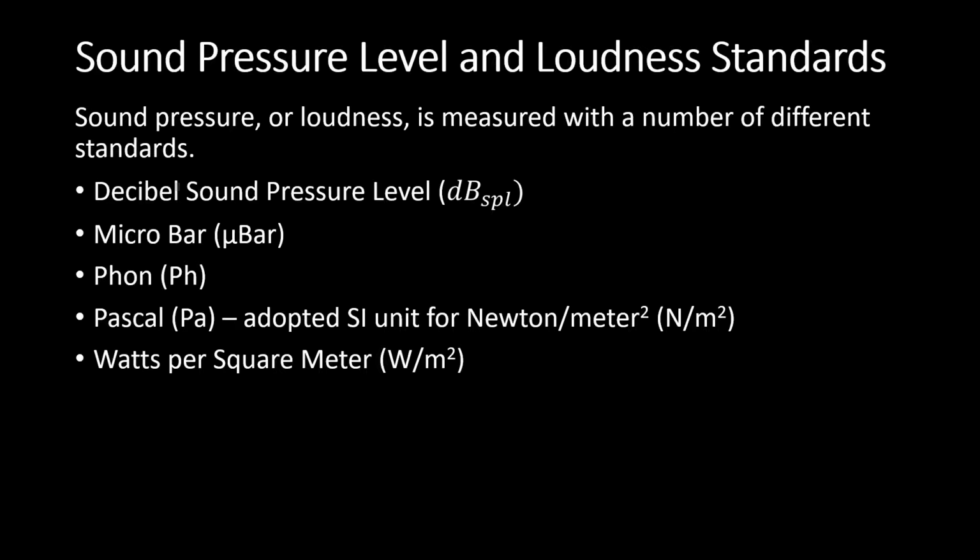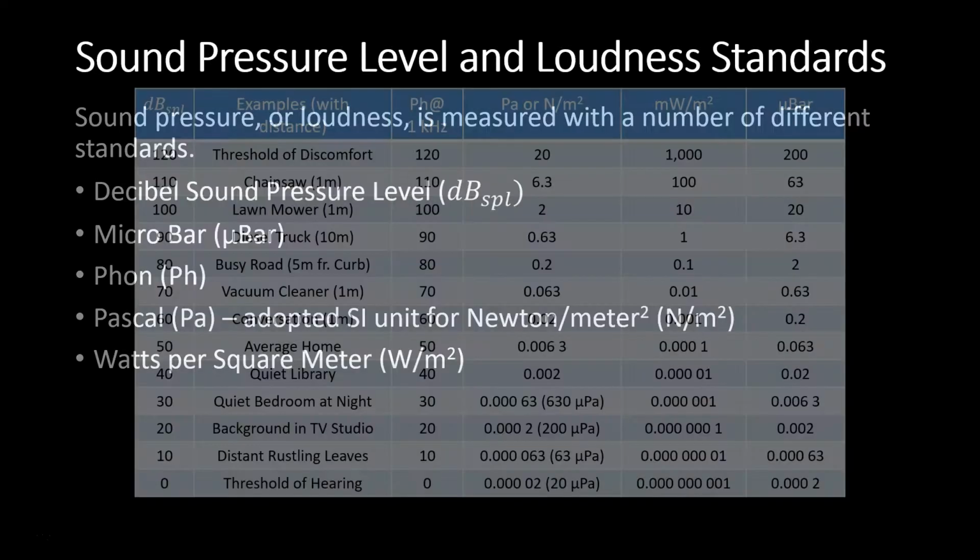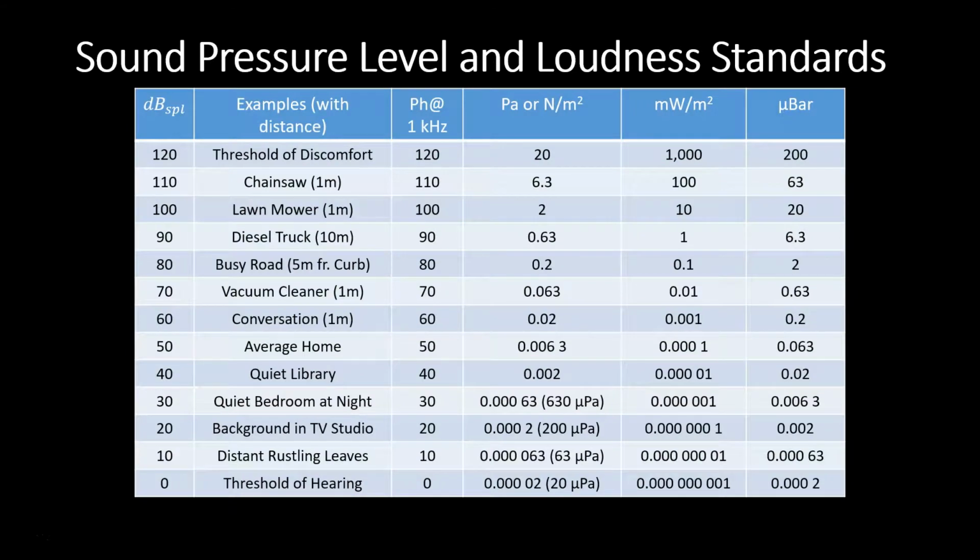Of all of these, we're going to focus only on dBSPL, and that again is the 20 log of the second power divided by the original power, and it's 1/4 as you move away from the sound source. So here are some typical sound pressure levels, just to give you a bit of reference.